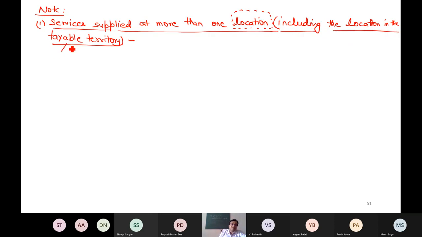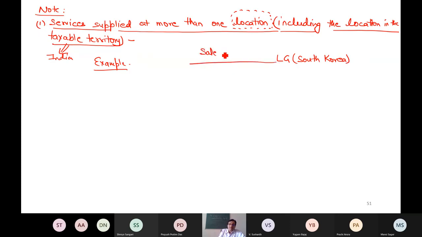Now, taxable territory means what? India. India is a taxable territory. Now for example, LG, a company of South Korea, wants to do some research regarding sale of ACs, air conditioners in summers, in different Asian countries, for example, Pakistan, India, Sri Lanka, Bangladesh.